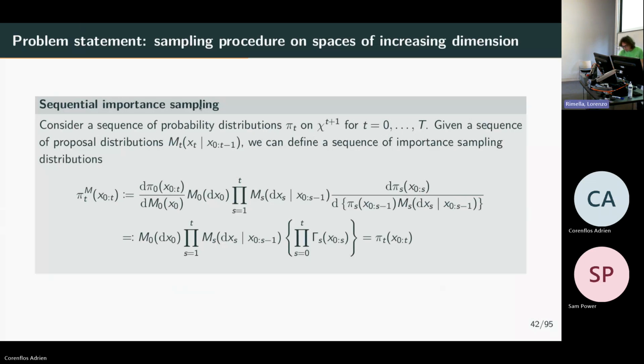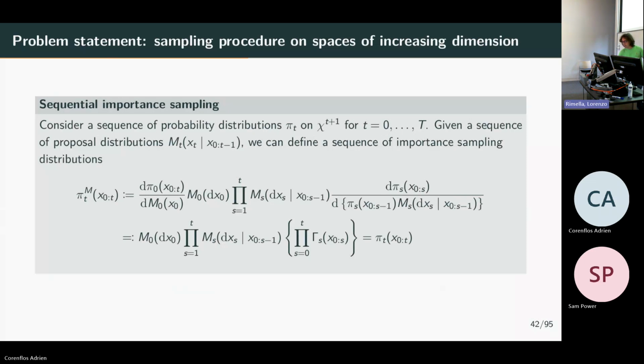And so the importance sampling method would be saying, okay, at time 0, I'm going to consider an initial distribution M0, sample from it, and then compute my importance weights.